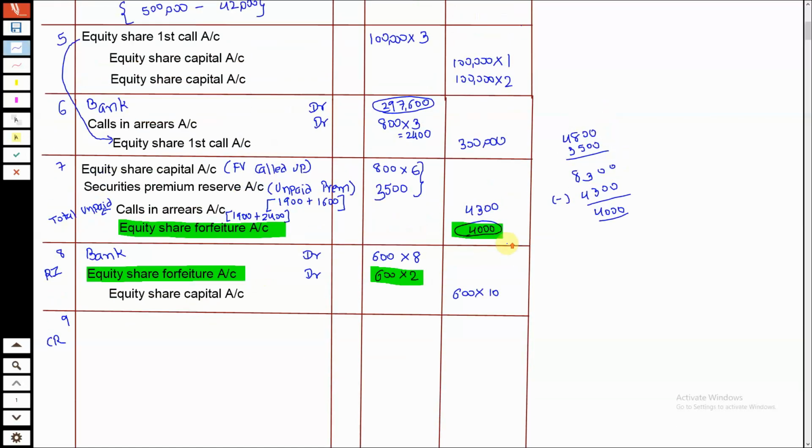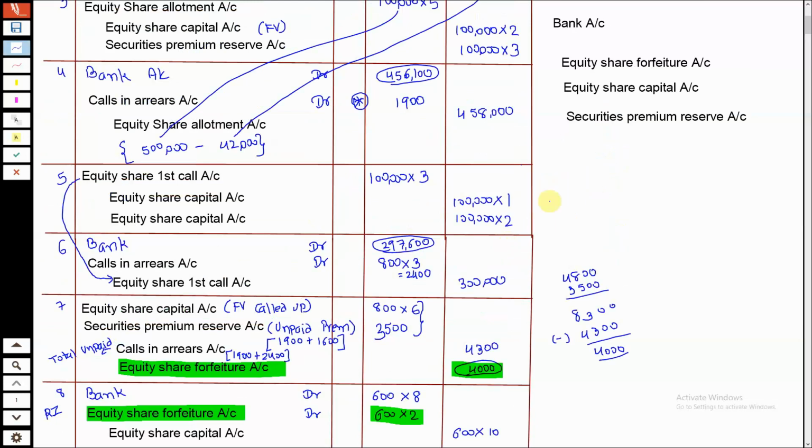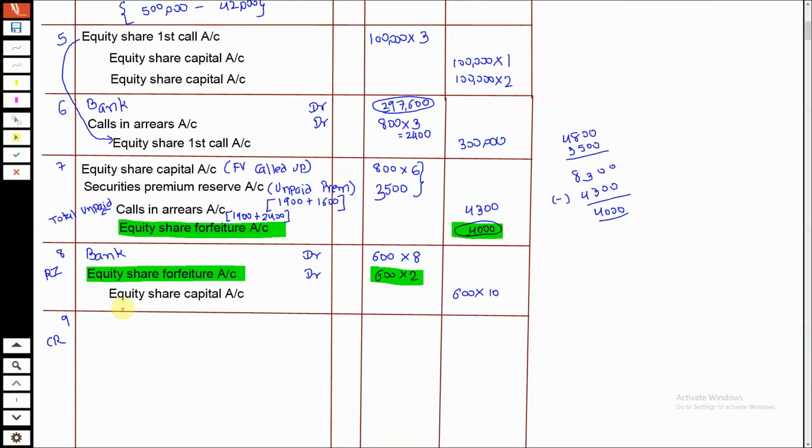So I will debit share forfeiture account. So look here, share forfeiture debit. Now share forfeiture में how much I will debit, that I will explain you how to write. I am writing here, this will go to capital reserve because it is a capital profit. So to capital reserve account.